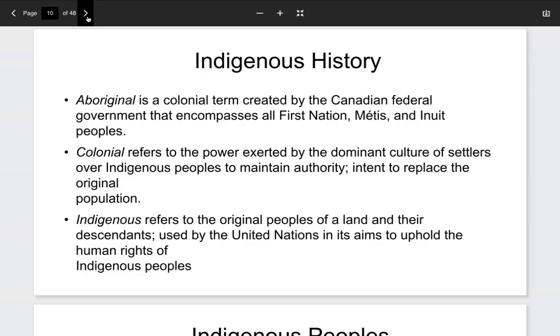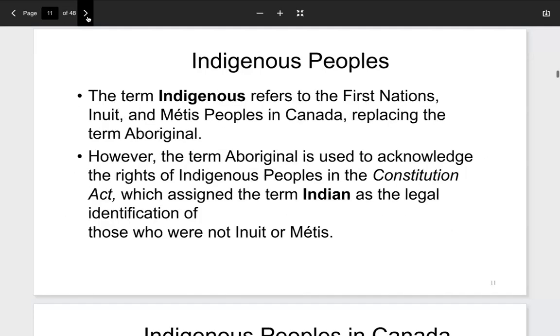And this is a term that is used by the United Nations, and its aim is to uphold the human rights of Indigenous peoples. So when we're talking about the Indigenous term, we're referring to the First Nations, Inuit, and Métis people in Canada. And it has replaced the term Aboriginal, even though people still use the term Aboriginal. Indigenous is more reflective of the community.